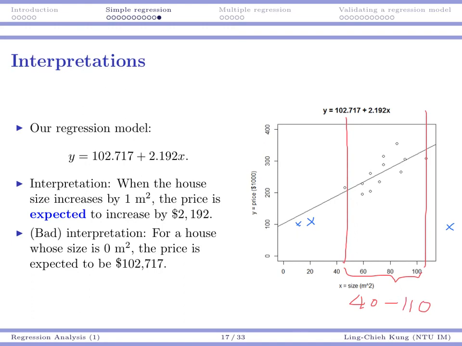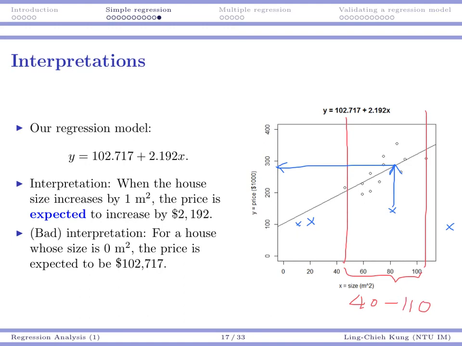But if someone asks you, what if your x is 80? Then you probably can be safe to say, okay, then I can predict the price would be somewhere within a lower and an upper bound. So the lower bound and upper bound of your x variable definitely play a role in using your regression model.